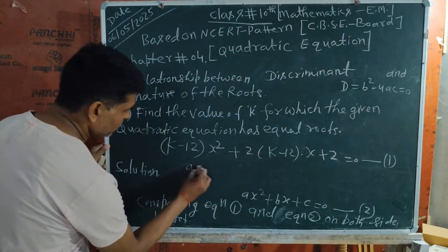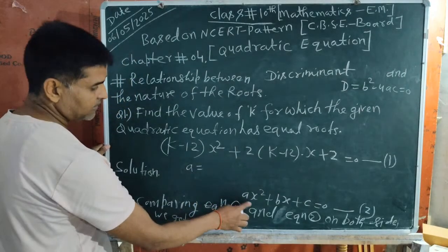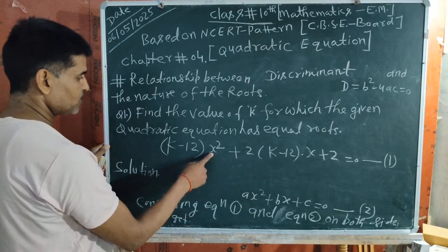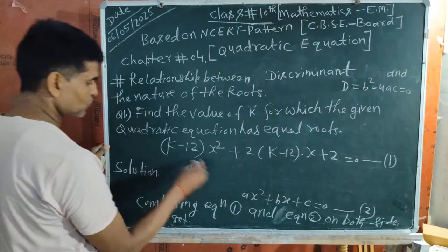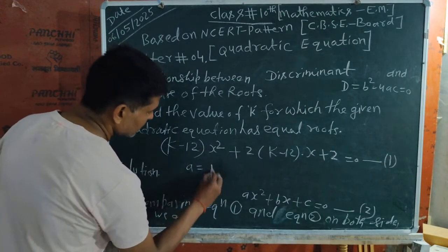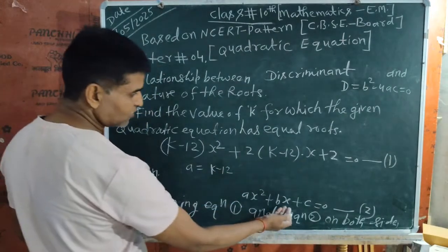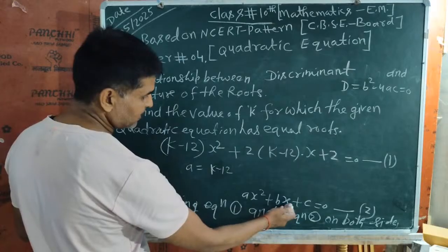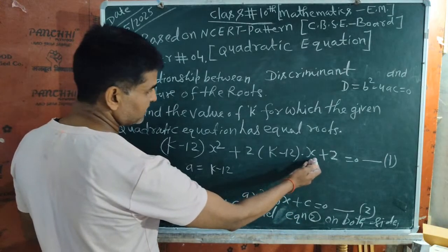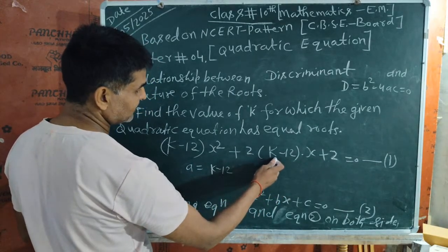Now the value of a, that is the coefficient of x square. In equation number 2, the coefficient of x square is a, so in equation number 1 I write here k minus 12. And again in equation number 2, the coefficient of x is b, so in equation number 1 the coefficient of x is written 2 times in the bracket k minus 12.